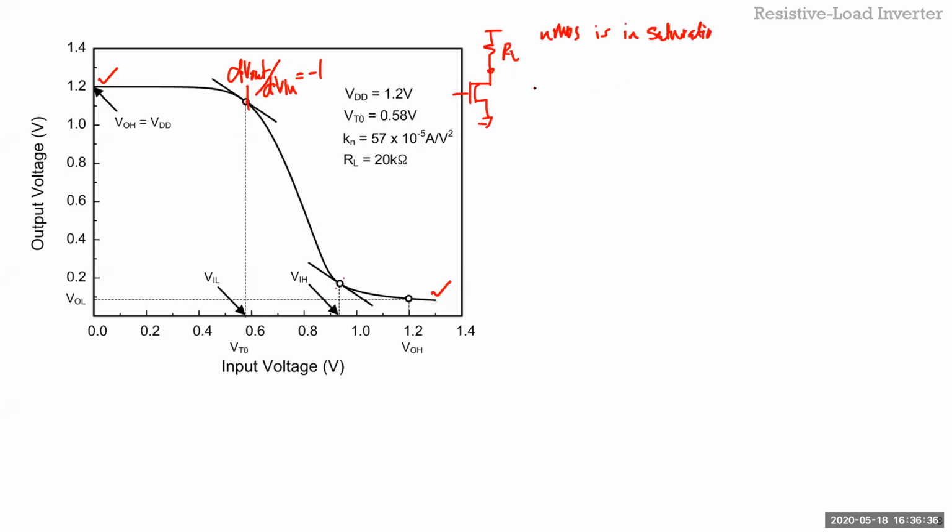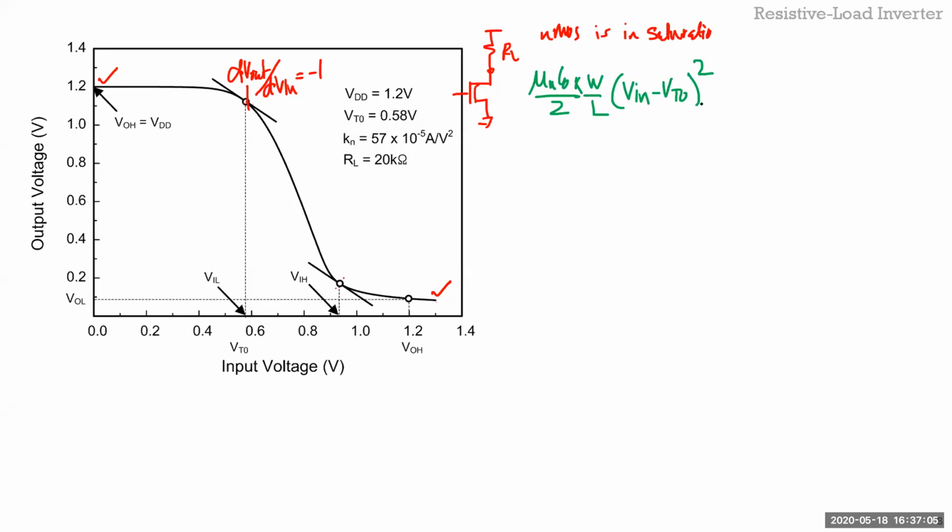So if I write the NMOS current equation, it's mu n Cox over 2 W over L, then (VGS minus VT0) square, and VGS is nothing but V in, that's the input voltage, minus VT0 whole square. And forget the lambda term, it's not going to change your calculation by much.